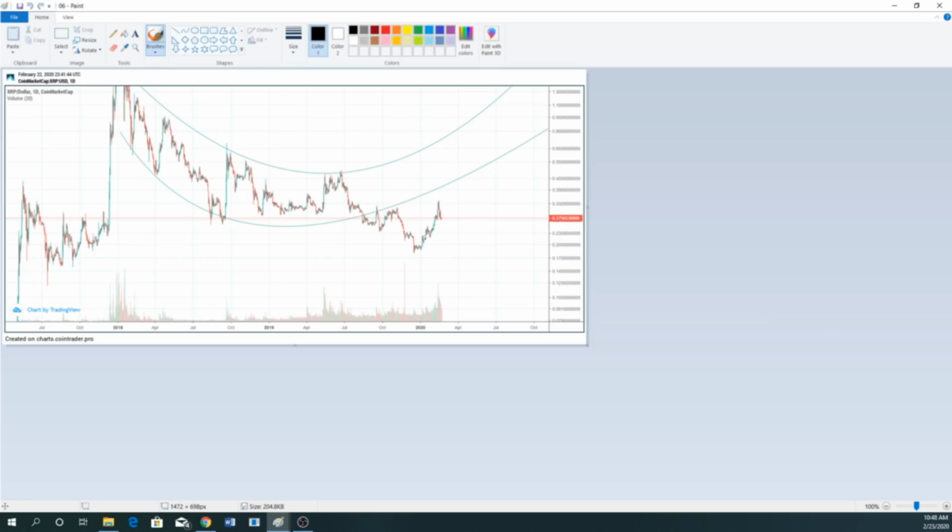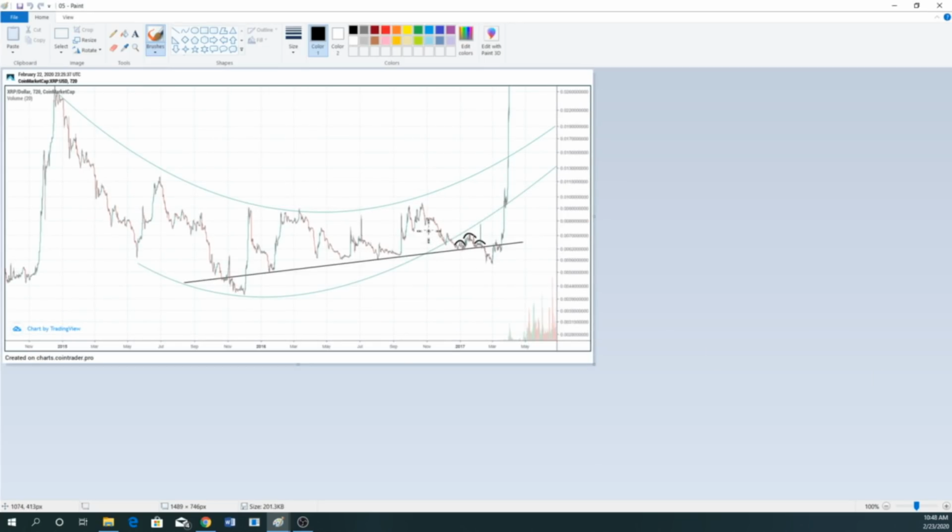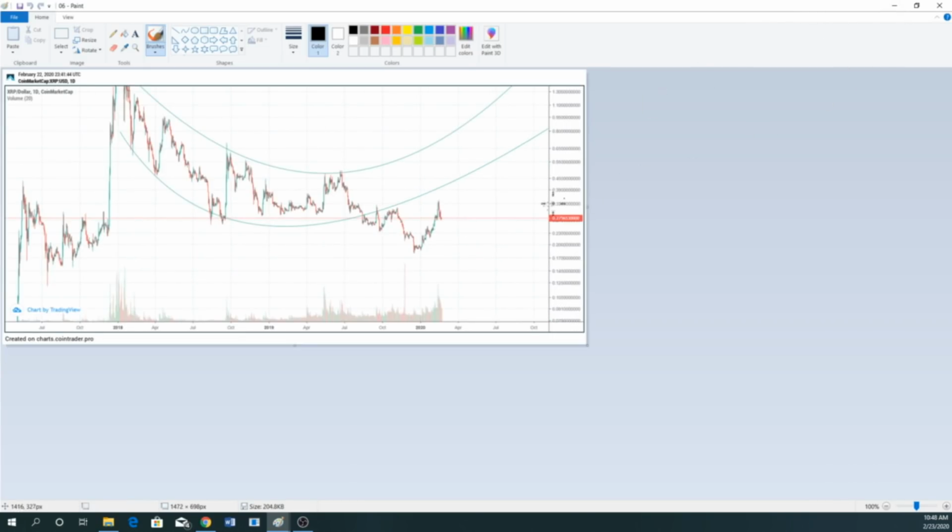If you compare that with the previous one, you can see that we tried it once, twice, and then we went back, capitulated, bottomed, and again retested that area coming up here. We again came back, kind of retested that area, and then we moved back.